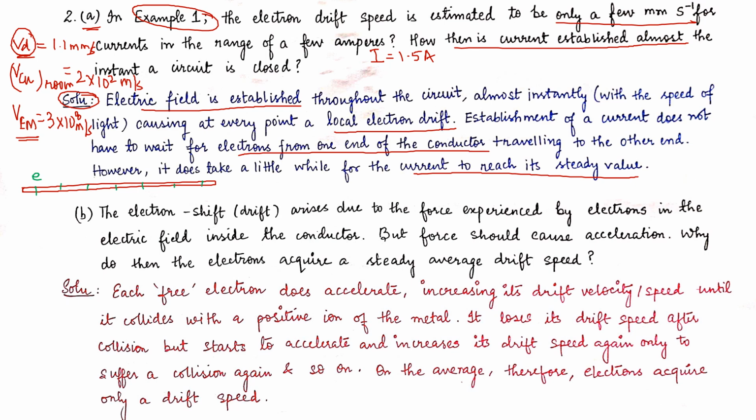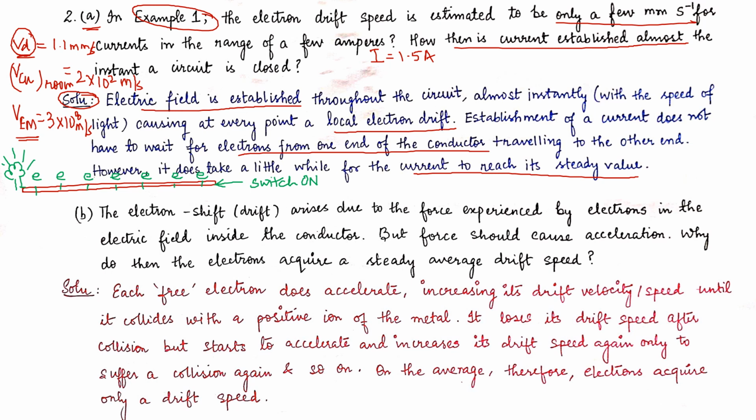I'm just naming them; there will be many more electrons. Now I switch on the circuit, and instantly the bulb at this end starts to light up.